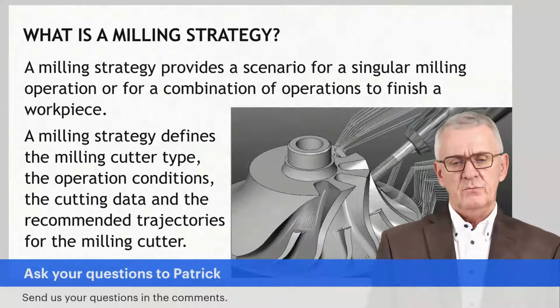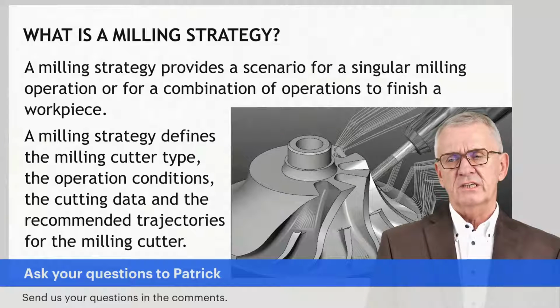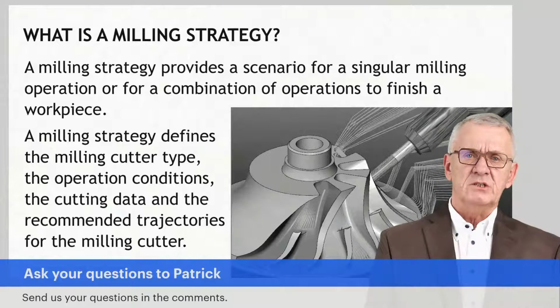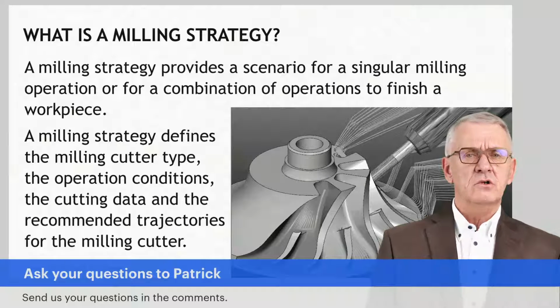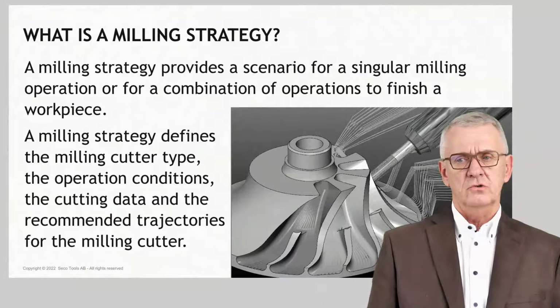And if we talk about milling strategies, we have some variables in the equation. A milling strategy is about which milling cutter type you are going to use. It's about how you are going to handle the operation conditions. It's about which cutting data you should use.